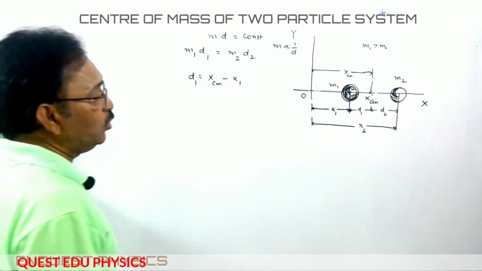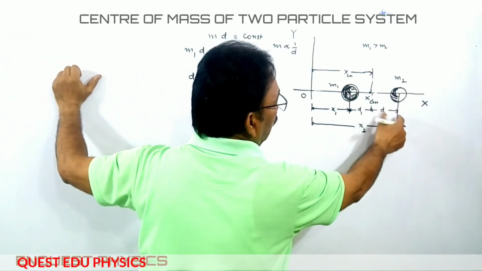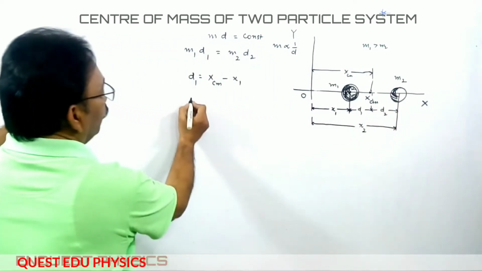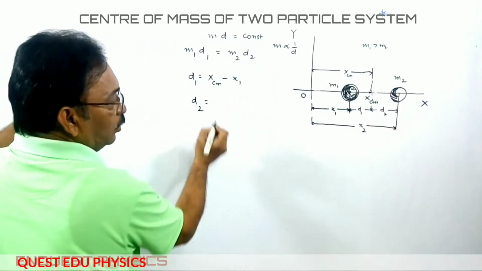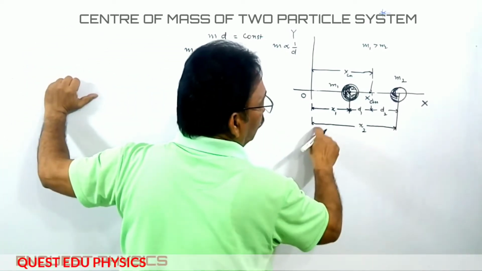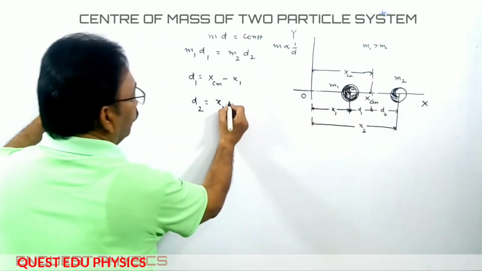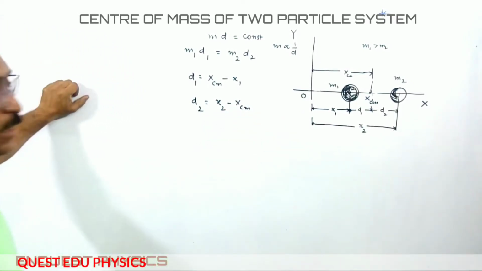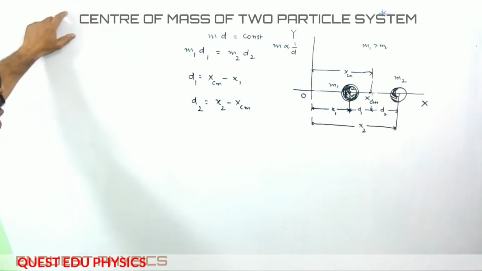In the same way, we need to find d2. Here x2 minus xcm is equal to d2. It is x2 and it is xcm. Okay, students, here C means center of mass.